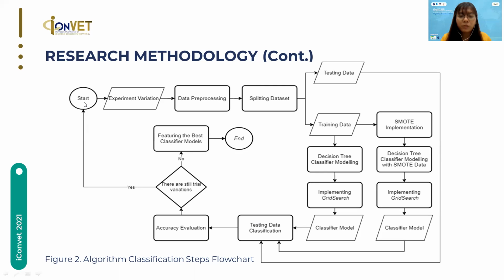An evaluation will be carried out to find the accuracy of the resulting model. And the last, if there are still variations of the experiment to be carried out, the process is returned to the initial stage to carry out the experiment. And if all variations of the experiment have been carried out, the experiment is completed.